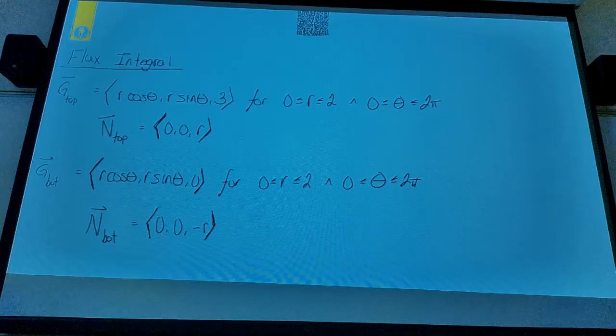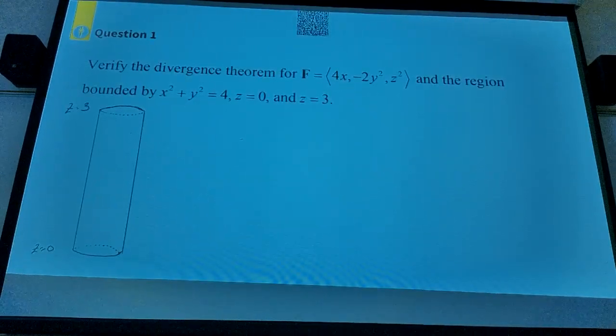Why is that negative 1? Outward pointing. So we have to face away from the surface, which means it has to point downwards.